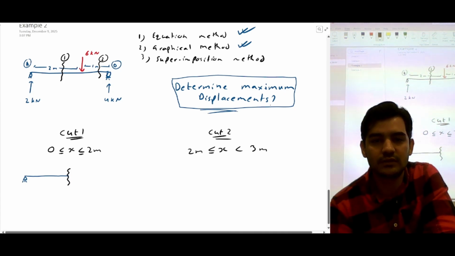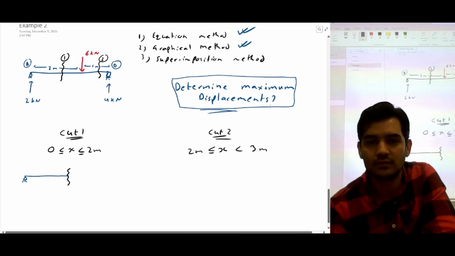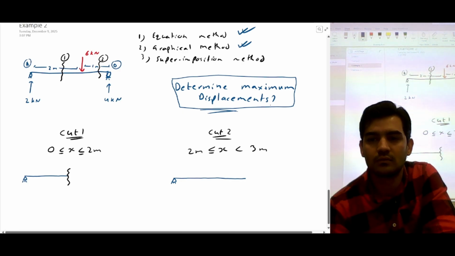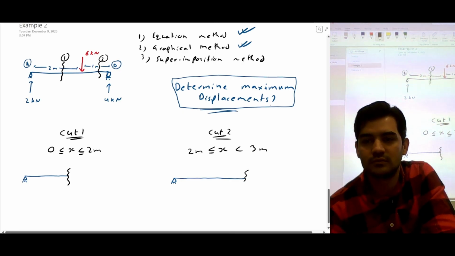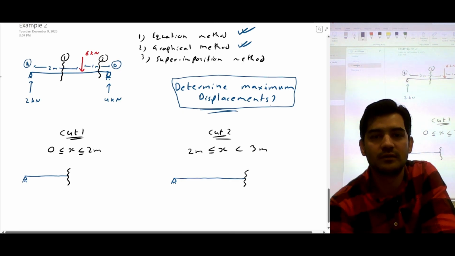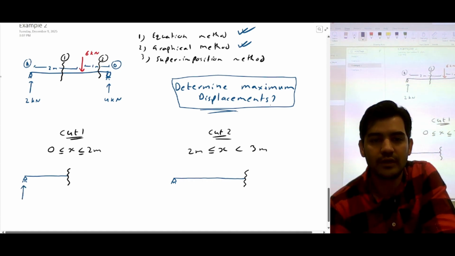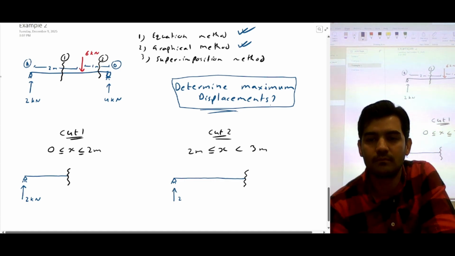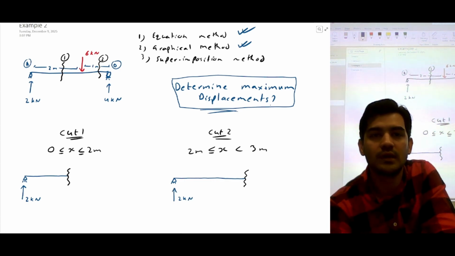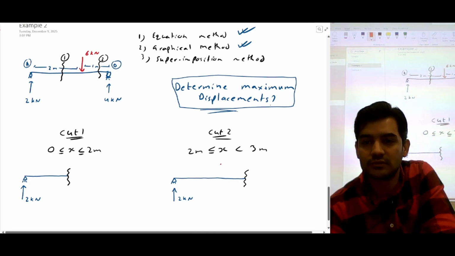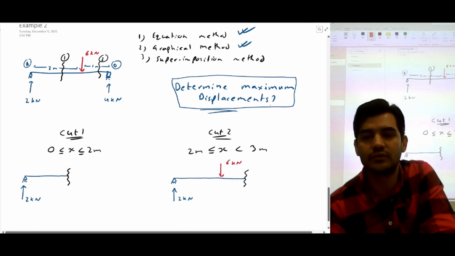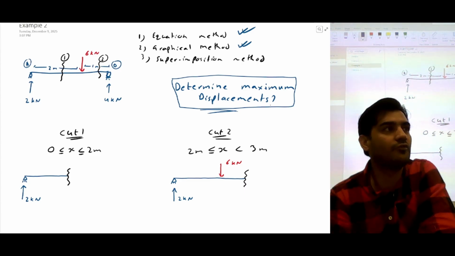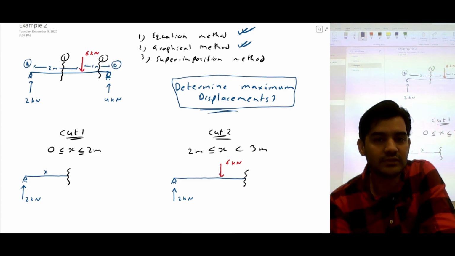So this is the cut here. This is the cut here. We already know the load, which is 2 kilonewton. And we also know the external load, which is 6 kilonewton. So we are formulating the equations. So it's an equation method.